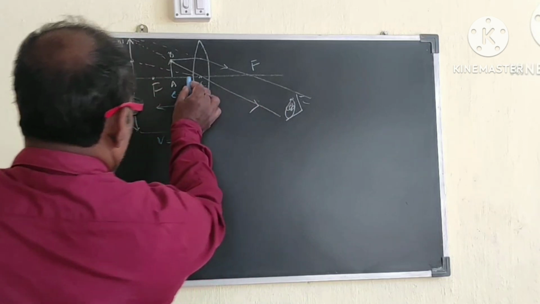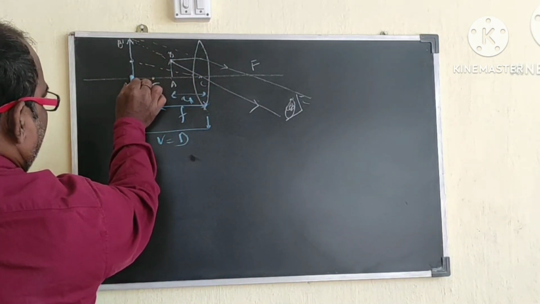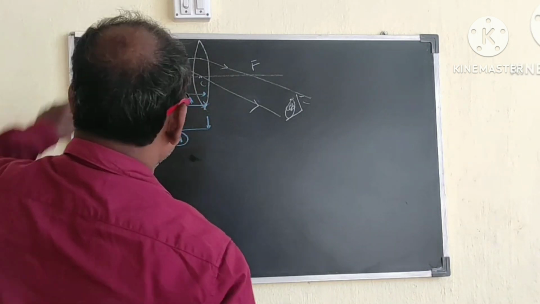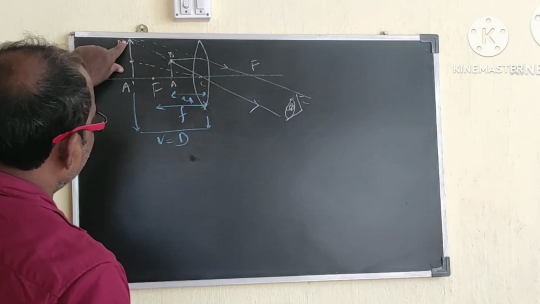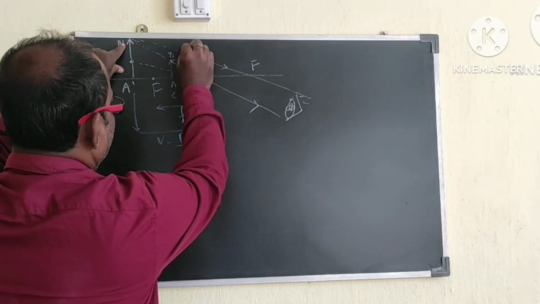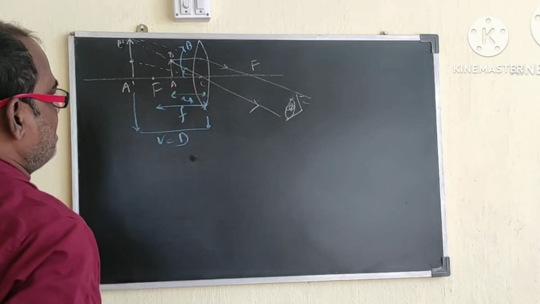So the image of this object is somewhere over here. Let this object be AB, then the image is A dash B dash, and let the angle subtended by the image be represented as beta.